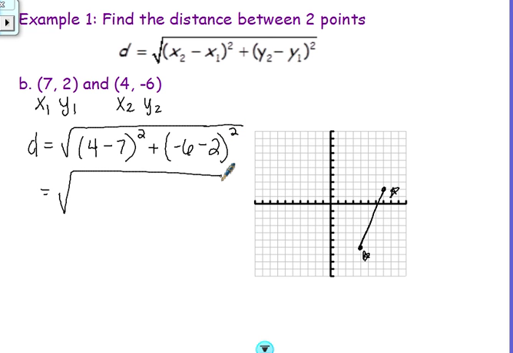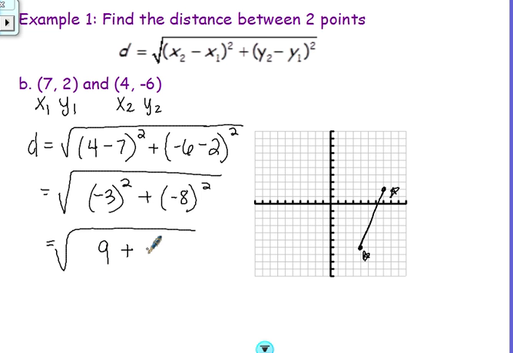I don't need to change the signs on anything because I don't have 2 negatives together. So 4 minus 7 is -3 squared. -6 minus 2 is -8 squared. -3 squared is 9. 8 squared is 64.